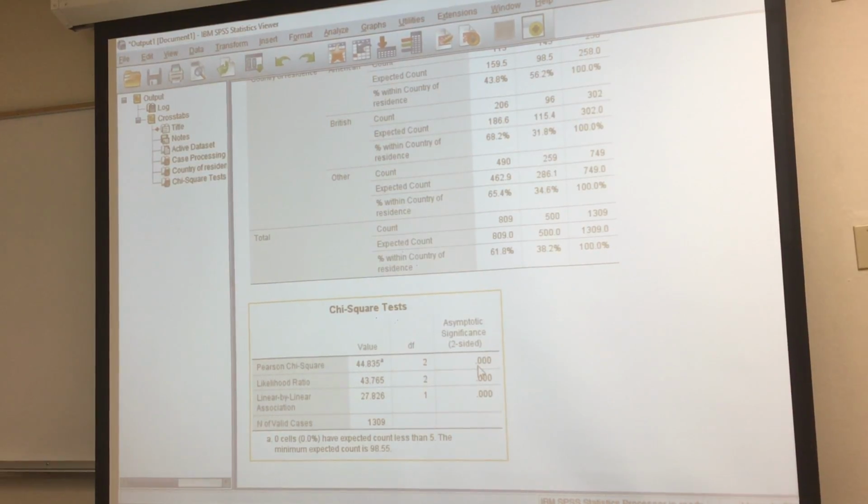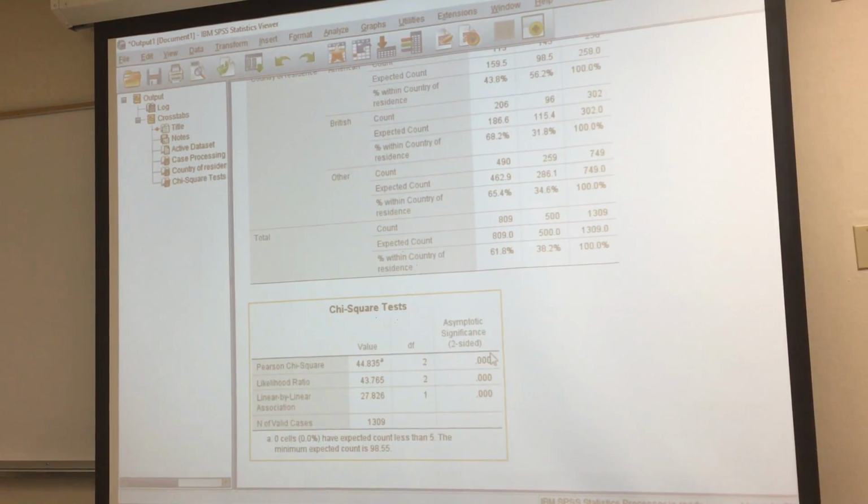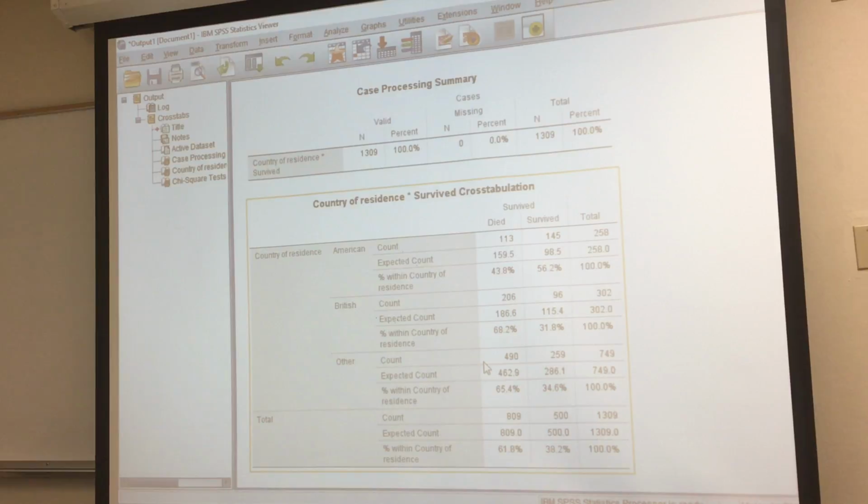So it means there is an association between country of residence and whether people survived. If this number is smaller than 0.05, it means the result is significant, meaning the two categorical variables have a connection.